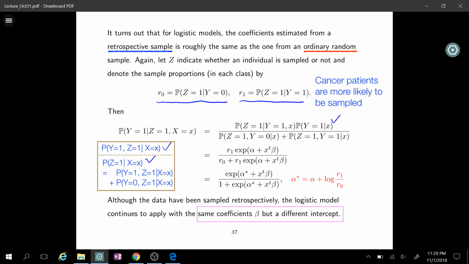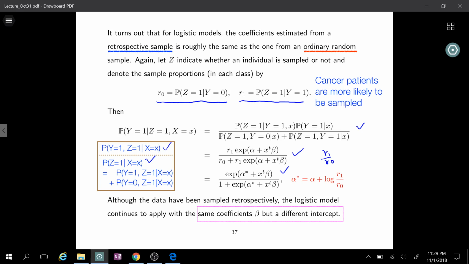So for this one, we get this term. For the first term, it's basically the sampling rate among group 1, so it's R1, and this is equal to this. Then we further divide the numerator and denominator by R1, so we get this expression. In particular, we absorb R1 divided by R0 into the exponential component.